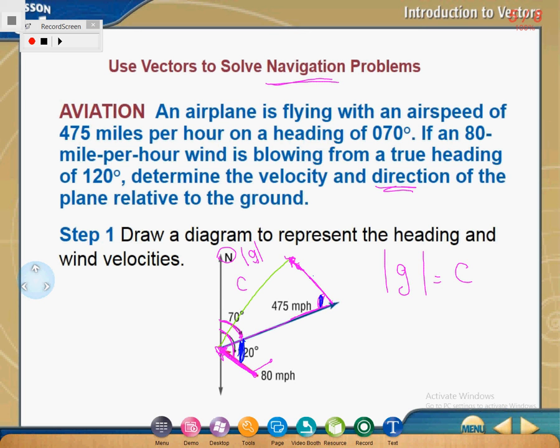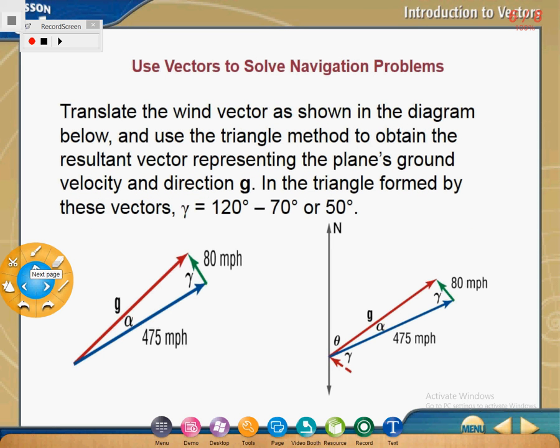Excellent, it's the big angle 120 minus the small angle 70. So this angle is 120 minus 70, which is 50. So this is 50 and this is 50 degrees, of course.